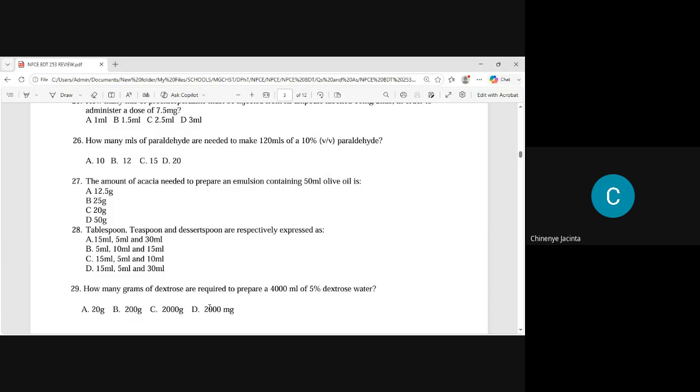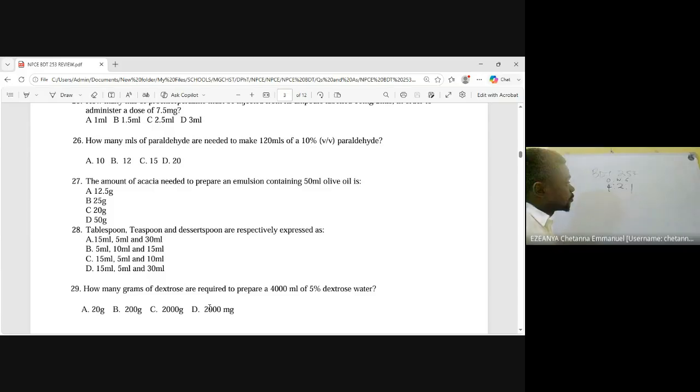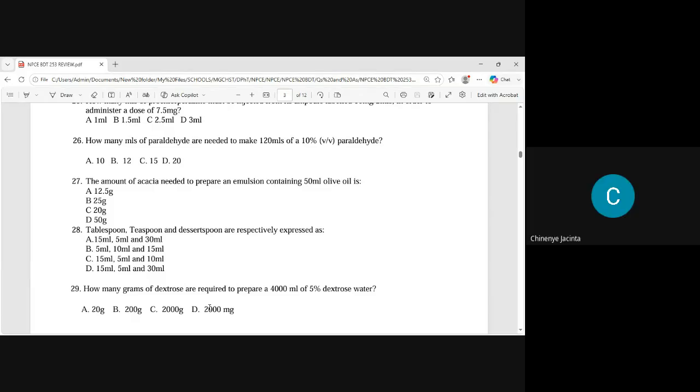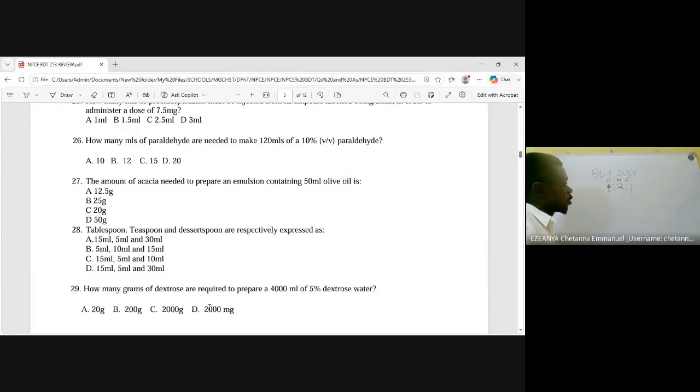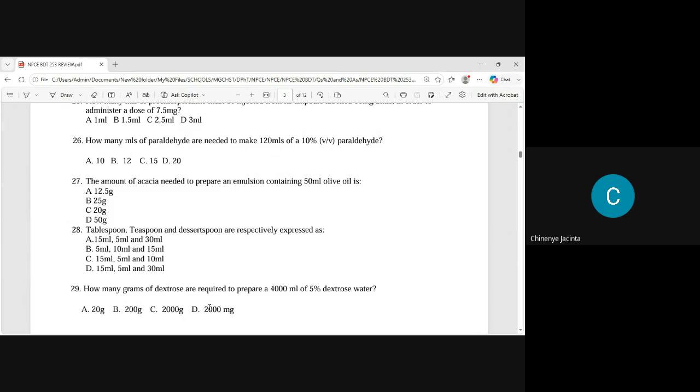So for us to get acacia, which is the one part, that's the gum, we divide 50 by 4 times 1. It gives us 12.5 gram. And if you decide to do for the 2 parts, which is water, you can do 50/4 times 2, then we have 25 ml. So the complete answer is olive oil 15 ml, water 25 ml, acacia 12.5 gram.